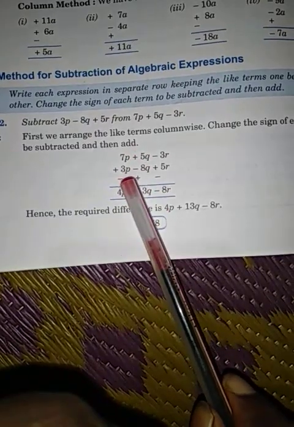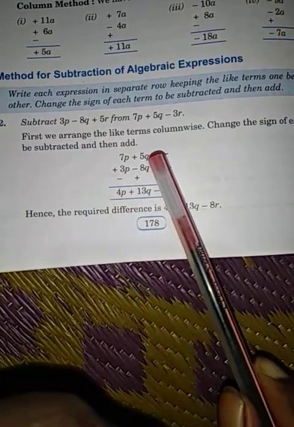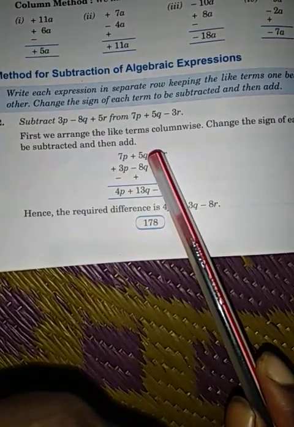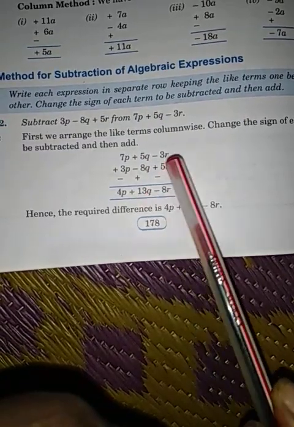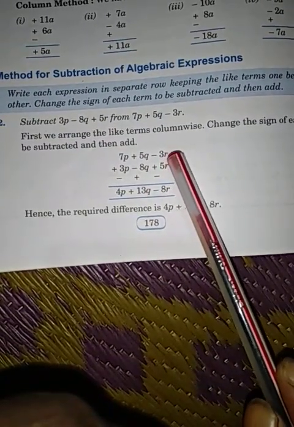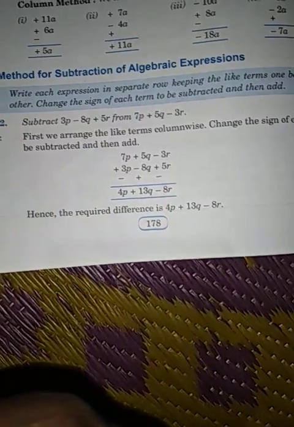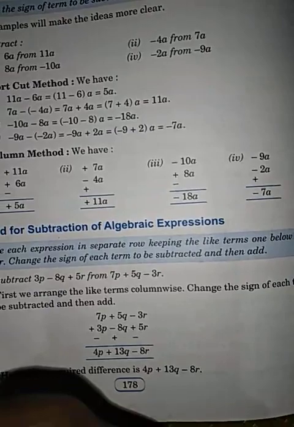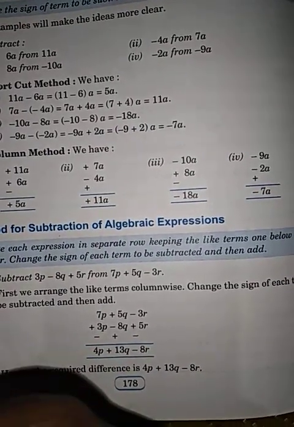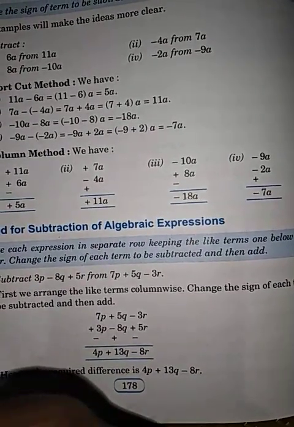Now 7p minus 3p, 4p; 5q plus 8q, 13q; minus 3r minus 5r, that is minus 8r. So this is the way of subtracting algebraic expressions in the column method.